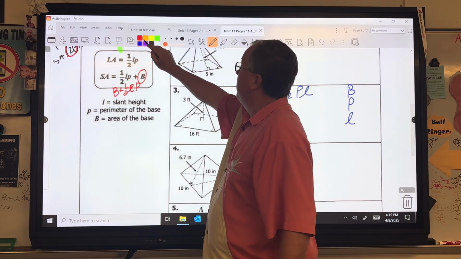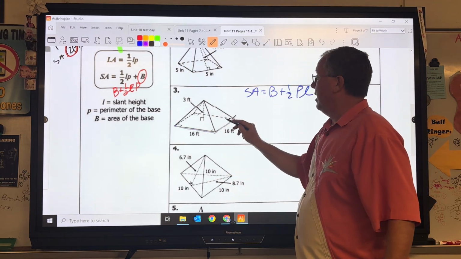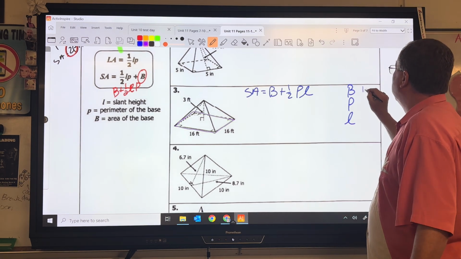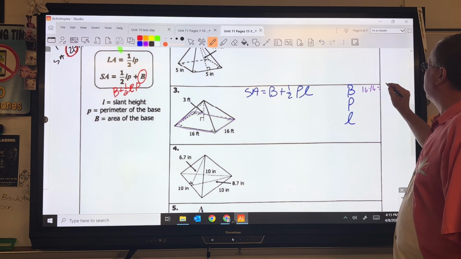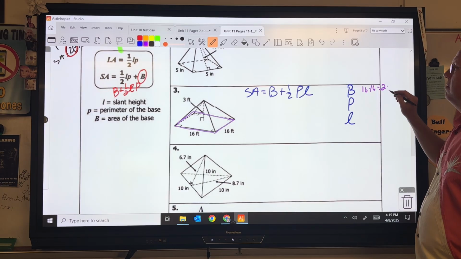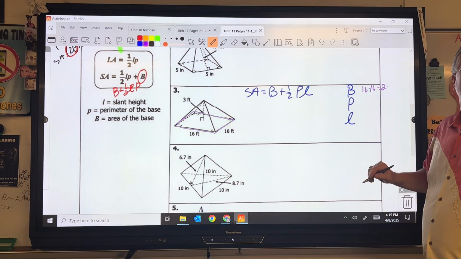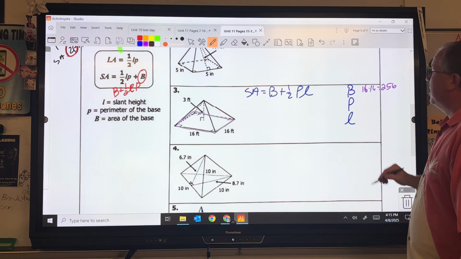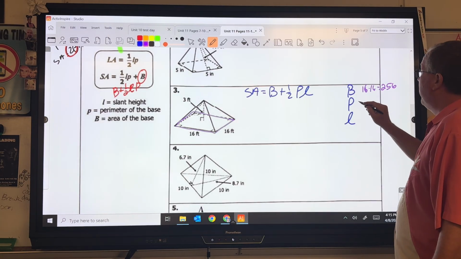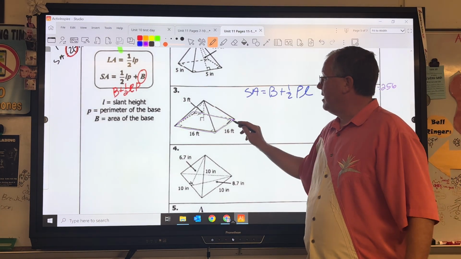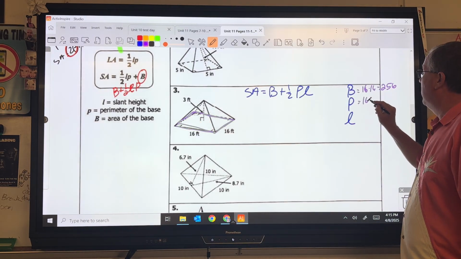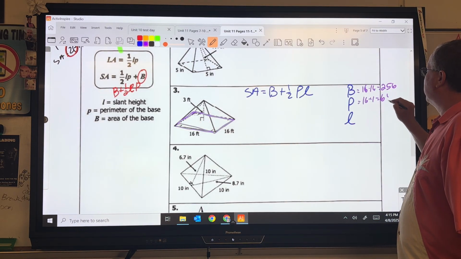Well, the base, in this case, is another square, which is nice of them to do. So I'm gonna go 16 times 16, and that's 256. I'm cheating, you guys. I looked on the back wall. My perimeter is gonna be 16 plus 16 plus 16 plus 16, so that's 16 times 4, which gives me 64.